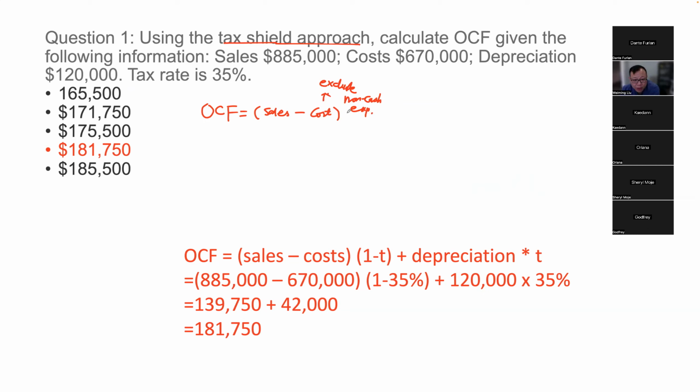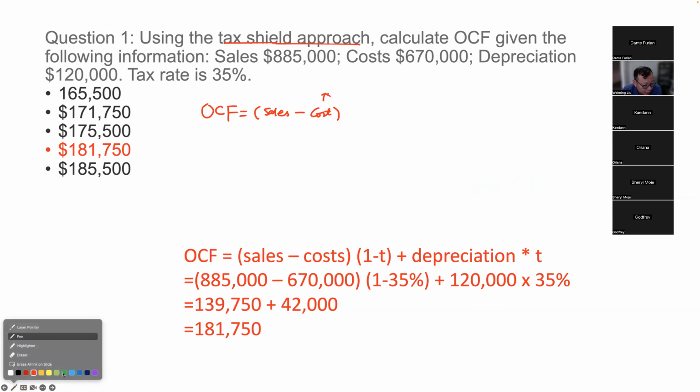Make sure this one is kept. And then this one, you have to multiply by the tax shield, 1 minus T, where T is the tax rate.